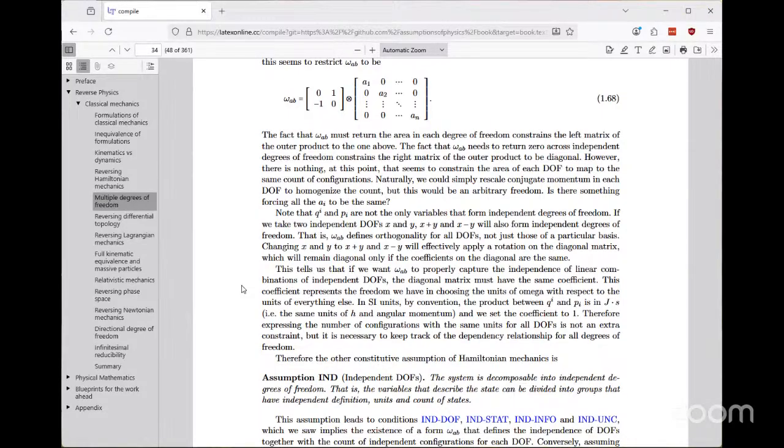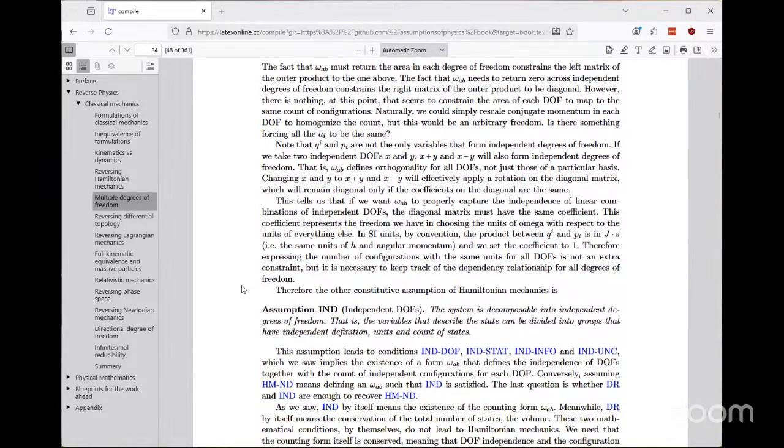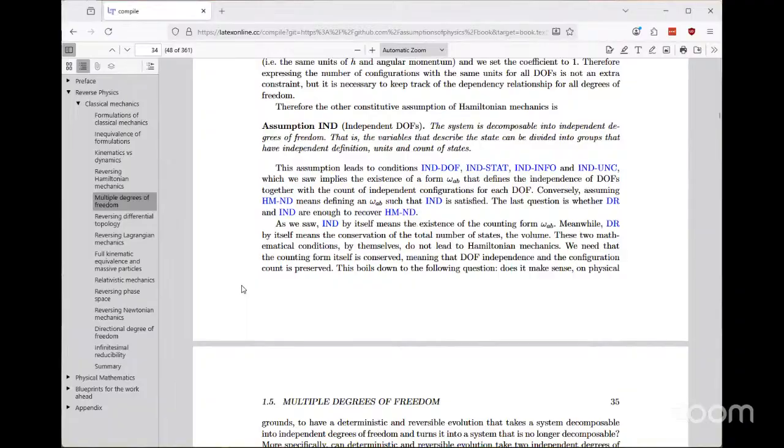Therefore, the other constitutive assumption of Hamiltonian mechanics is assumption ID, independent degrees of freedom. The system is decomposable into independent degrees of freedom. That is, the variables that describe the state can be divided into groups and have independent definition, units, and count of states.